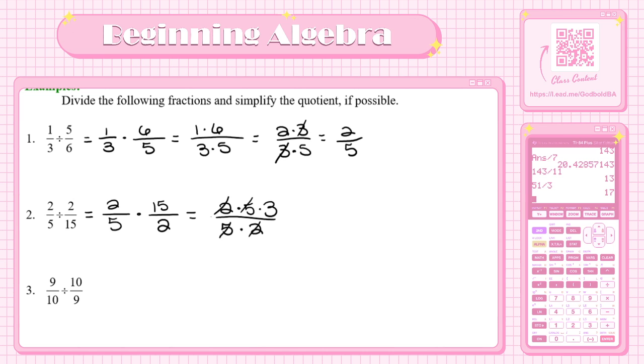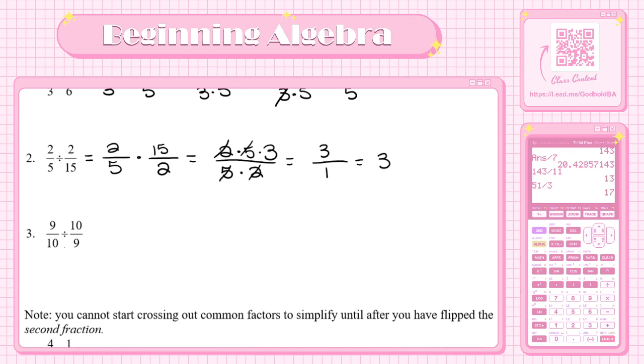Cross, cross, cross, cross. I'm left with 3 in the numerator but nothing in the denominator. Whenever you're left with nothing in the denominator, there is assumed to be a 1 there. Same thing with the numerator: when everything crosses out, you always leave a 1 behind. Something over 1 is the same thing as just the whole number, because anything divided by 1 is just itself.